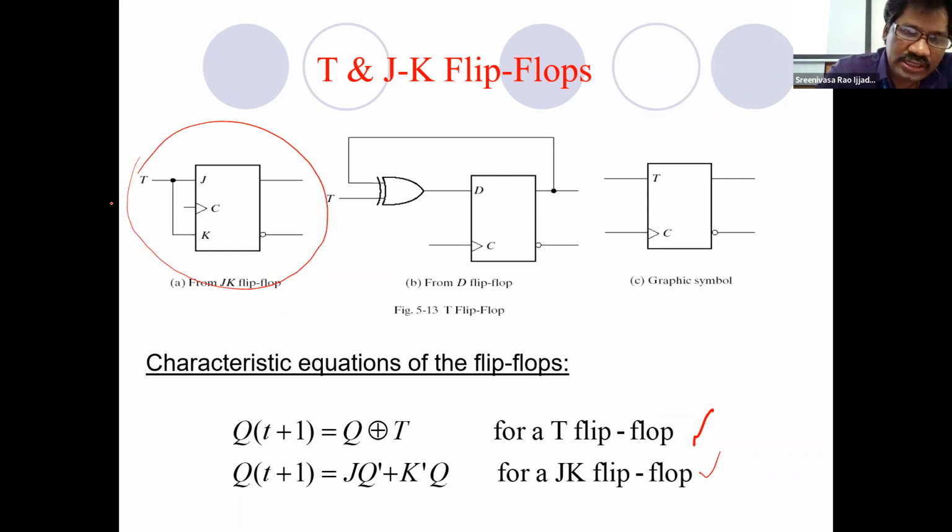Generally, the JK is fine for all the cases except J equal to K equal to 1. When J is equal to K is equal to 1, if the present state is 0, the next state becomes 1. If the present state is 1, the next state is 0. So like this toggling is going on. It is not one-time toggling. This toggling goes on as long as the clock applied here is high.